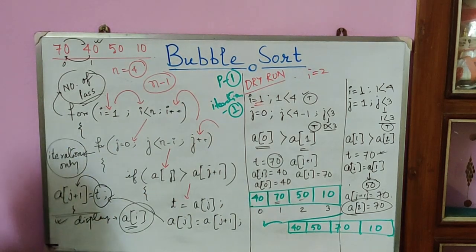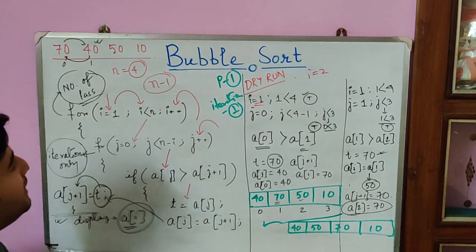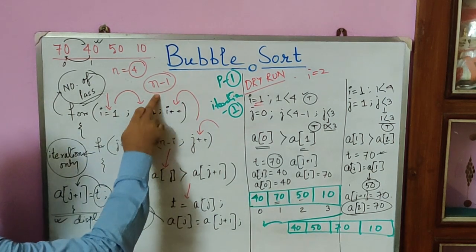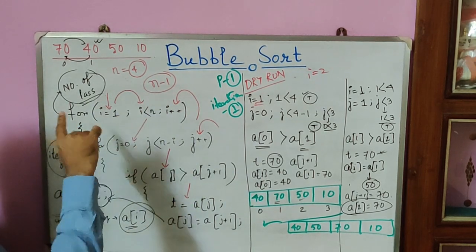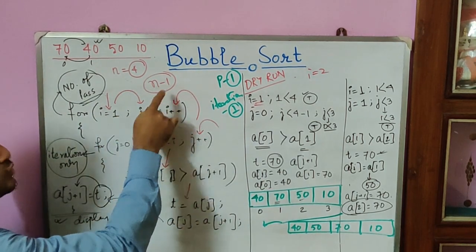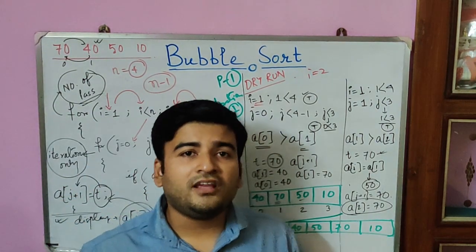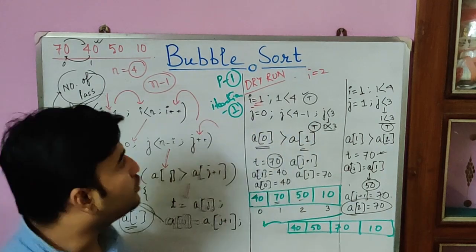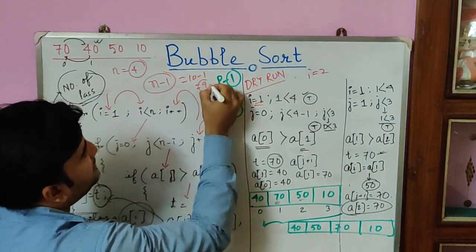For 4 elements, our passes are 3, that means n minus 1. If I have 10 elements in an array, the number of passes is 10 minus 1, that means 9.